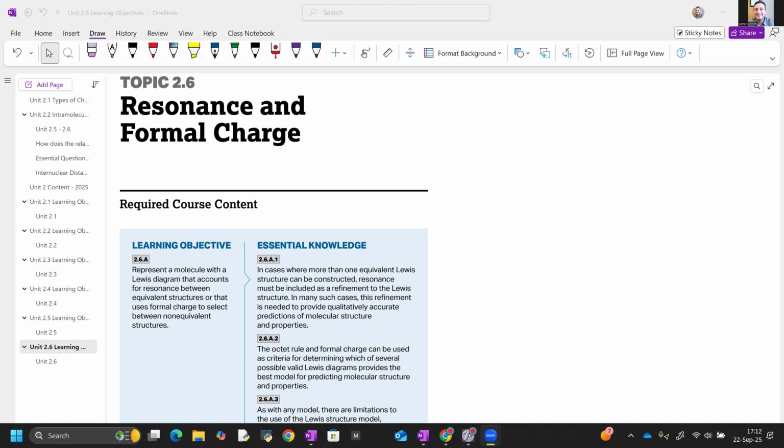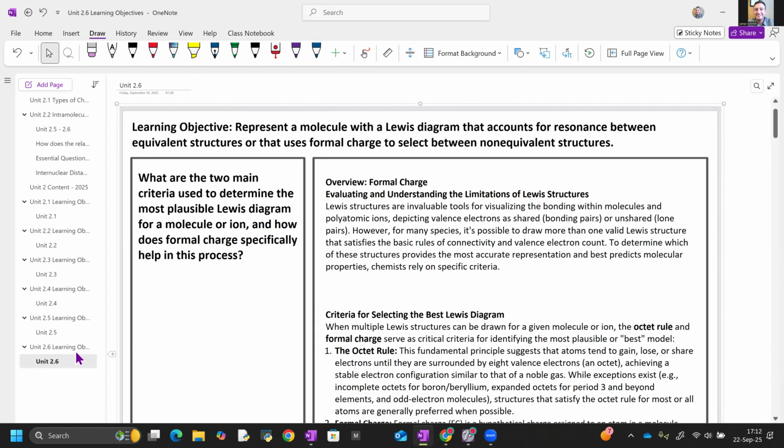All the rules for formal charge are met, and there is not one preferred structure over another. And then we're looking at non-equivalent structures and using rules for formal charge to select between competing structures, as we would say. Okay, so let's go ahead and take us to the information here.